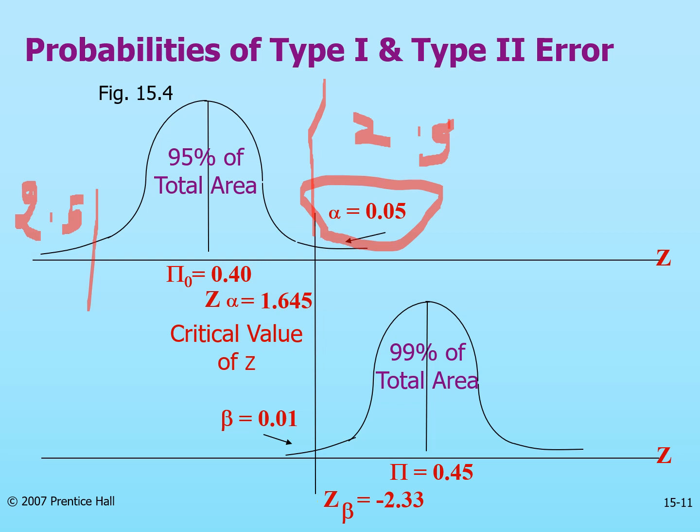And the Z value at the 5% level of significance is 1.645. Critical value of Z where beta is 0.01 means that 0.01 is split, so this side is 0.005 and this side is also 0.005, and the Z beta value is the negative value of the same.